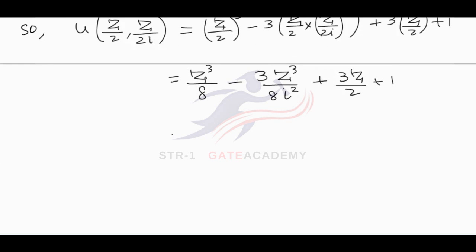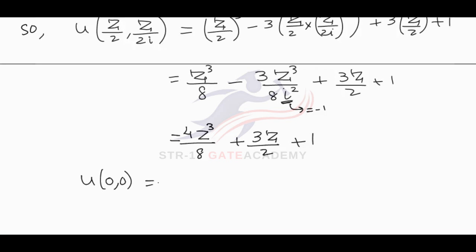So this can be written as z³ by 8 plus 3z³ by 8. So it will become 4z³ by 8 plus 3z by 2 plus 1, as iota² is equal to minus 1, right? Or you can also say u(0, 0) is directly 1.